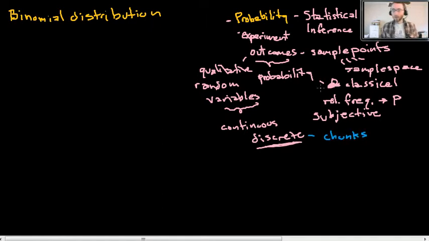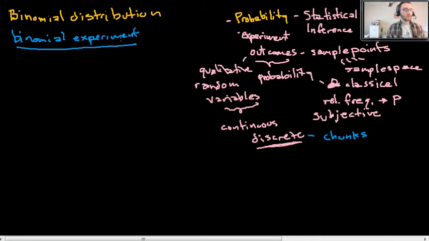One particular type of discrete random variable is the outcome from a binomial experiment. And a binomial experiment looks like this. In order for something to be a binomial experiment, it has to have several properties. Number one, we're going to do an experiment, and we'll call that a trial, kind of a sub-experiment.